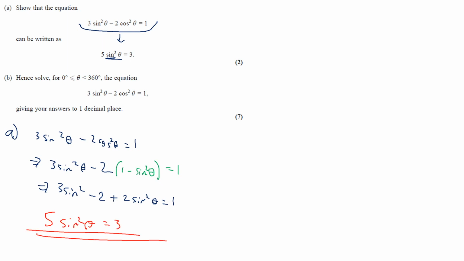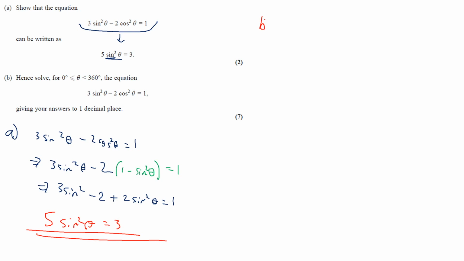Now we need to solve this equation, giving each of our values to one decimal place. The first thing we want to do is make sine squared theta the subject.